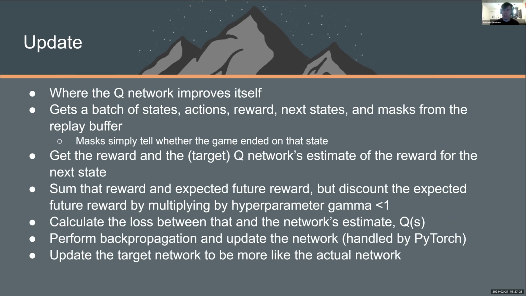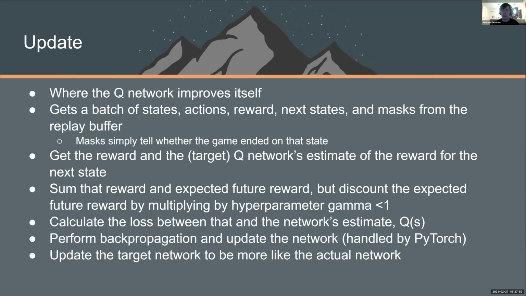So the reward from the current state plus the potential reward from the next state. And that's your target. That's what you're trying to have the Q network estimate if you give it the current state. So you sum those two, and then you calculate the loss between that and the Q network's estimate for the reward for the current state.